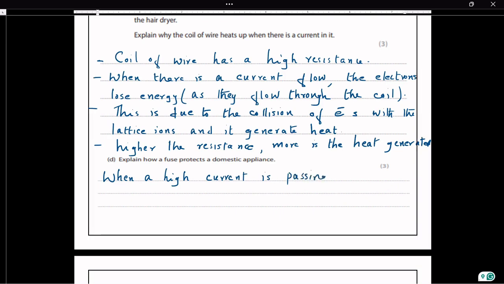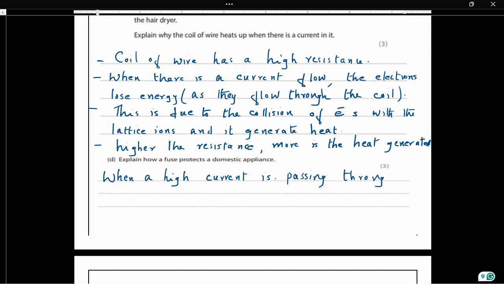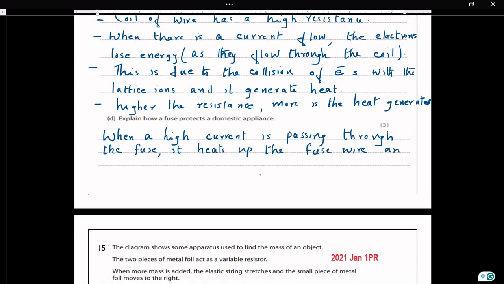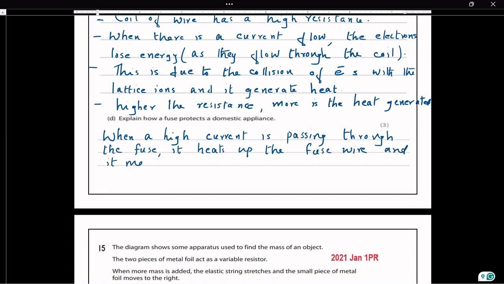When a high current is passing through the fuse, it heats up the fuse wire and it melts, and produces a gap.